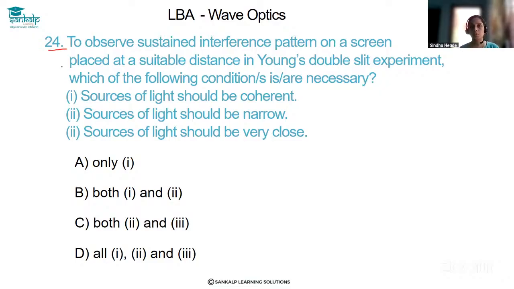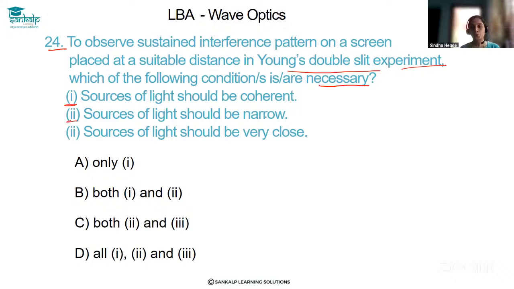Let us see question number 24. To observe sustained interference pattern on a screen placed at a suitable distance in a Young's double slit experiment, which of the following condition or conditions is or are necessary? 1. Sources of light should be coherent. 2.